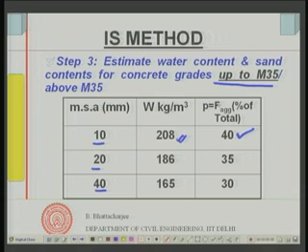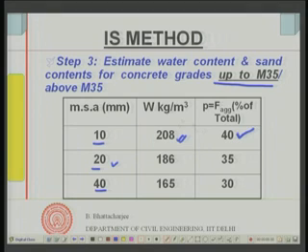That means in 100 of total aggregate there should be 40 fine aggregate, and if the MSA is 20, it is like this. So, as a function of MSA, we are finding out how much water and how much fine aggregate is required. But we have only looked into MSA; we have not taken account of the workability, the fineness of the sand, the shape of the aggregate, etc.